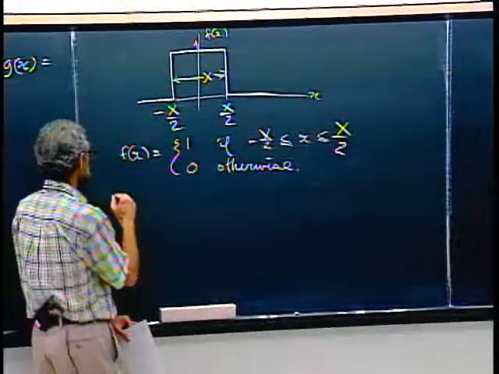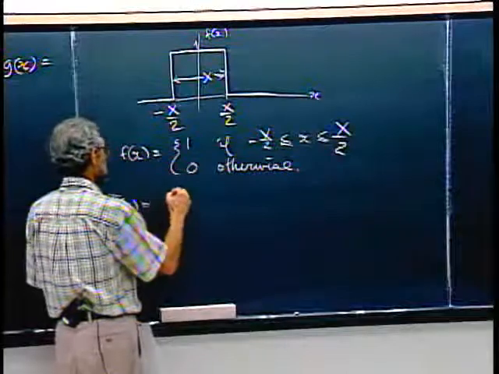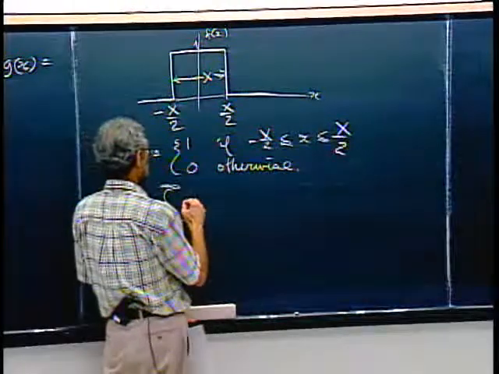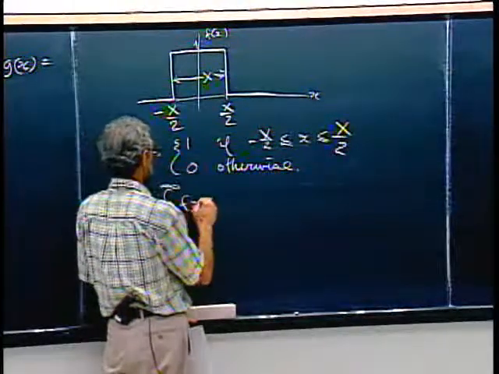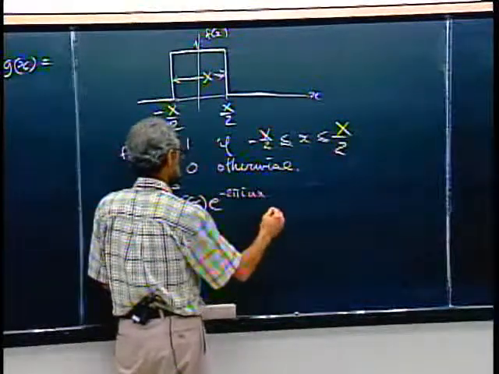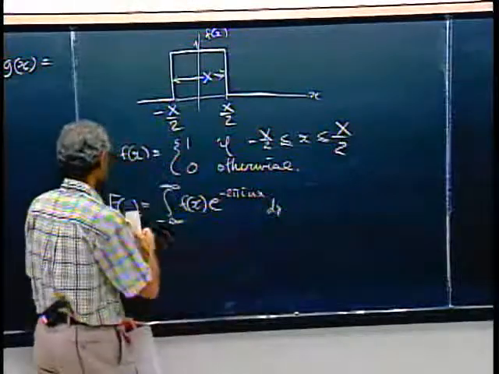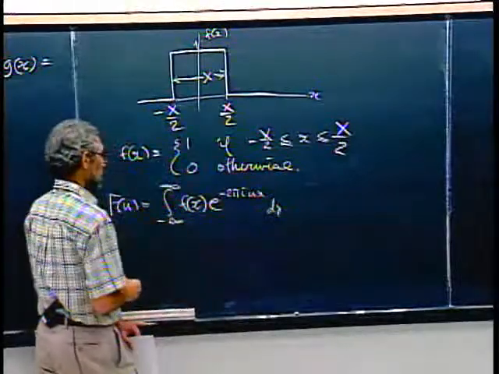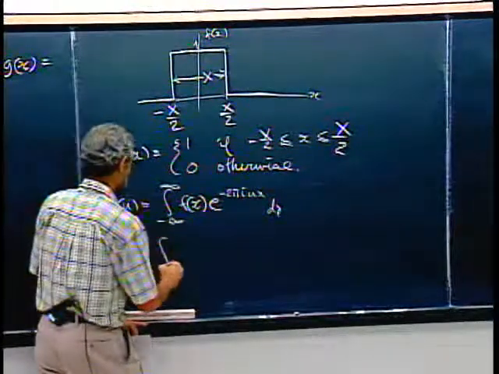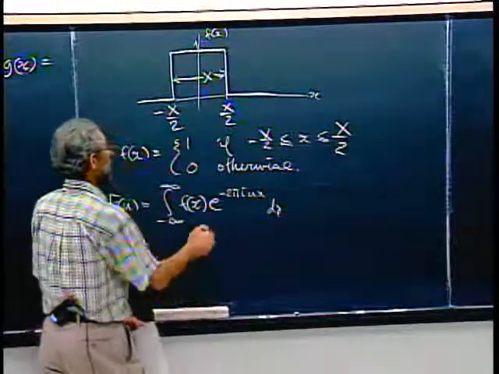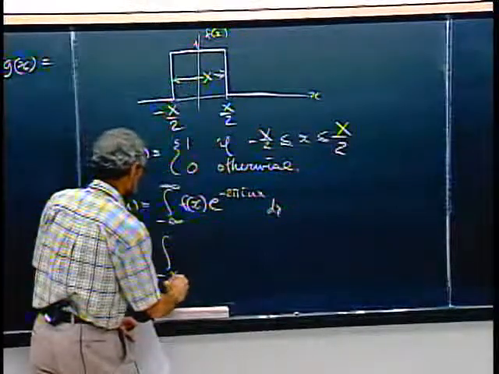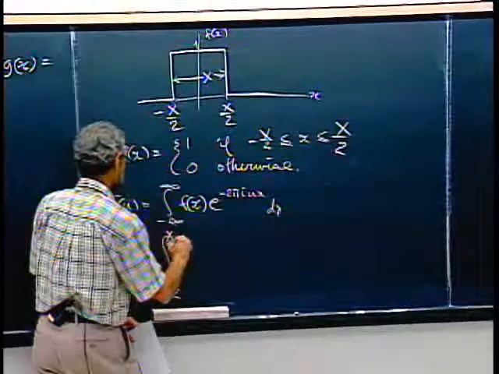So this time I can actually compute the transform, because that's supposed to be the integral from minus infinity to infinity of f of x e to the minus 2 pi i u x dx. Then that's capital F of u, frequency u. Okay, and now, because f of x is 0 except in between here, we can replace that by the integral from minus X over 2 up to capital X over 2.